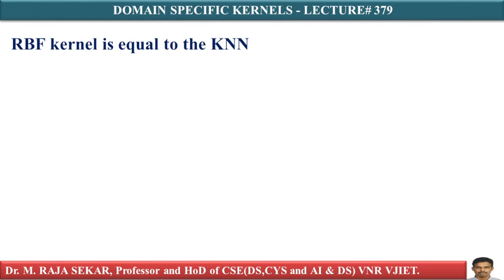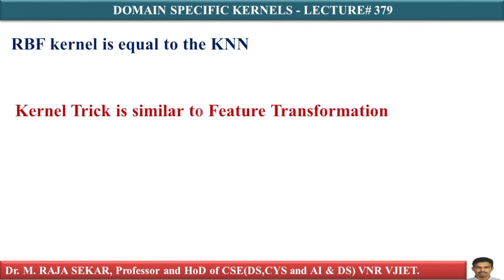We saw that kernel trick or kernelization is similar to feature transformation. There are a lot of domain specific feature transformations. Feature transformation is an art. There are a lot of domain specific kernels in machine learning. We will try to understand a few domain specific kernels.